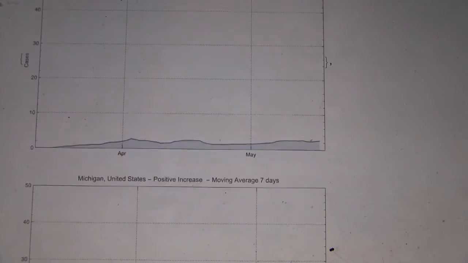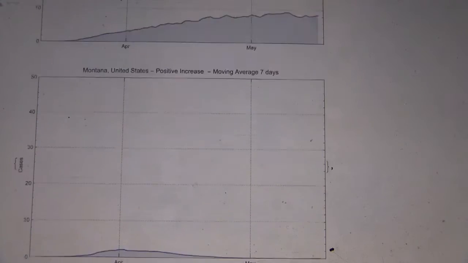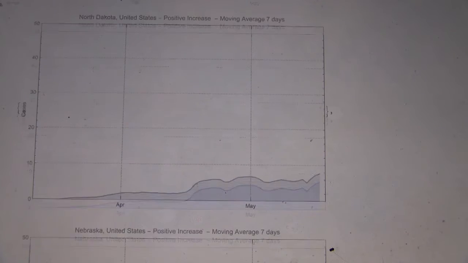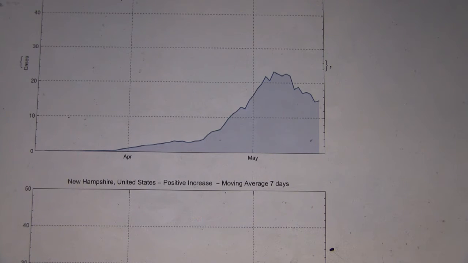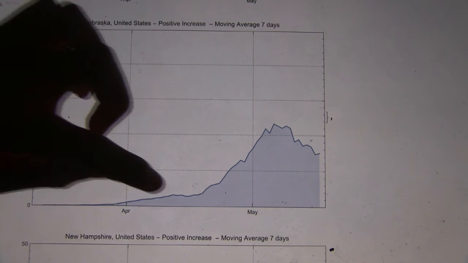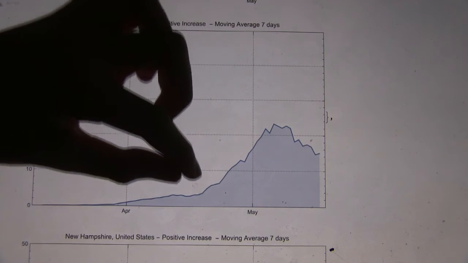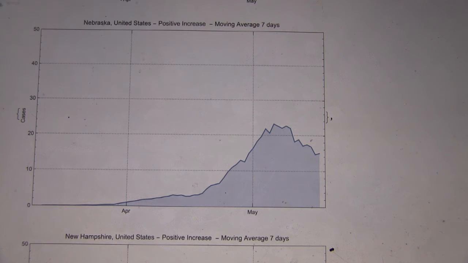I picked Nebraska here. Okay, I'll scroll that down a little bit. So this one also had a late increase, and the virus really started to grow around mid-April, and it stopped towards the beginning of May, maybe a little after.